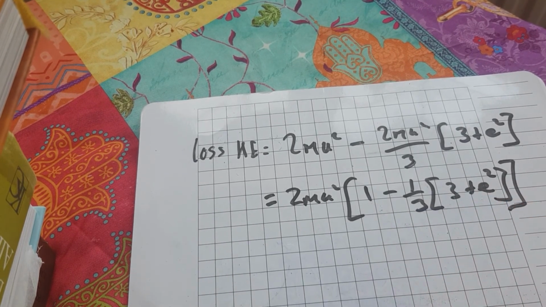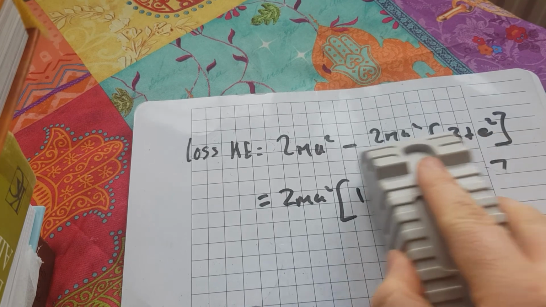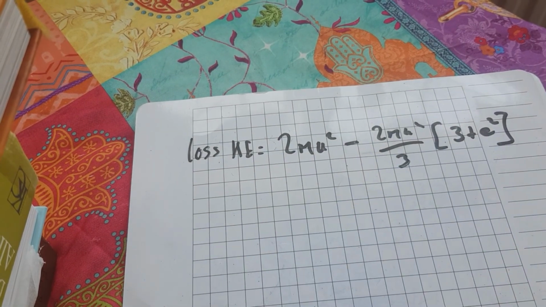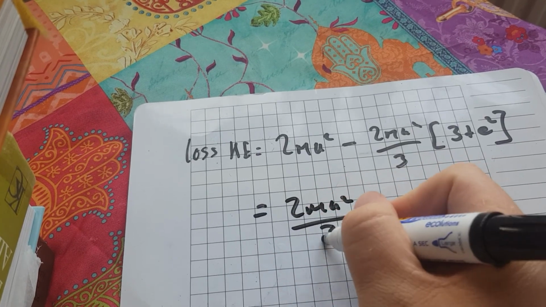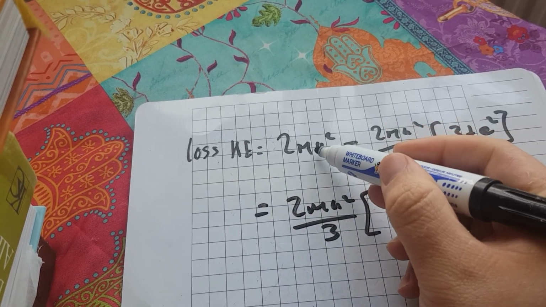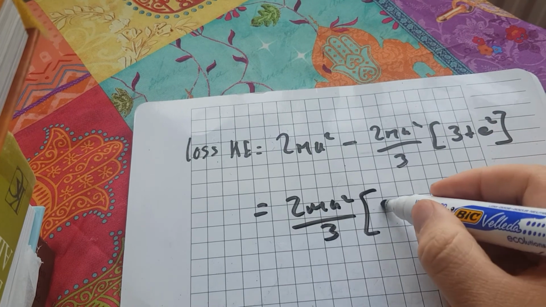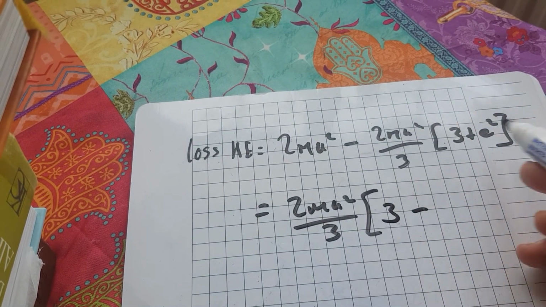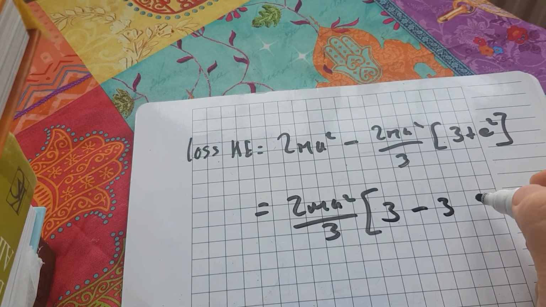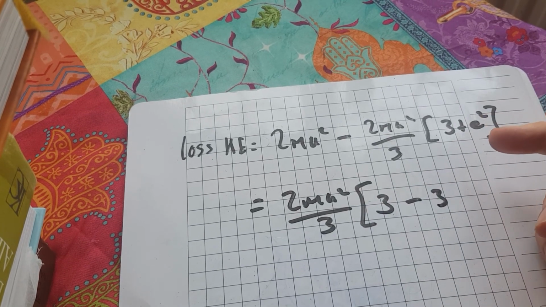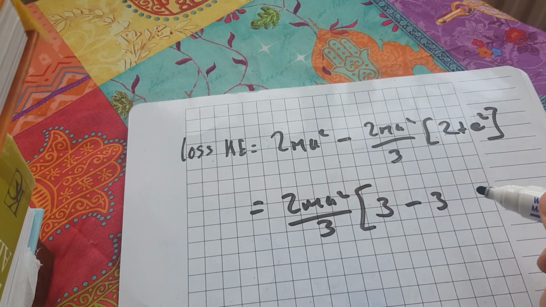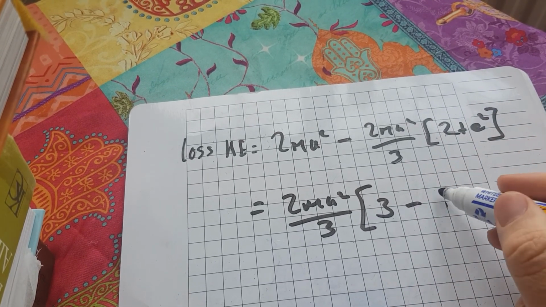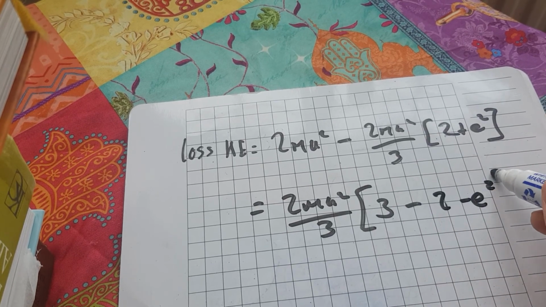Actually, they wanted over 3 in the answer, just looking at the answer. So what would be easier is if I did 2mu squared over 3. Factorize that, then multiply this to get this, it'd be 3. And then here I can just take the 3, that should be 2. 3 minus 2 minus e squared.